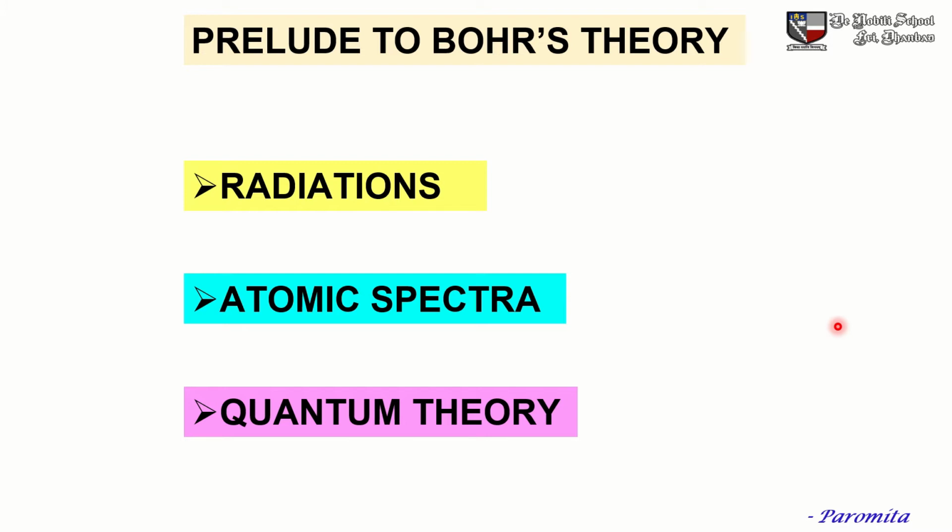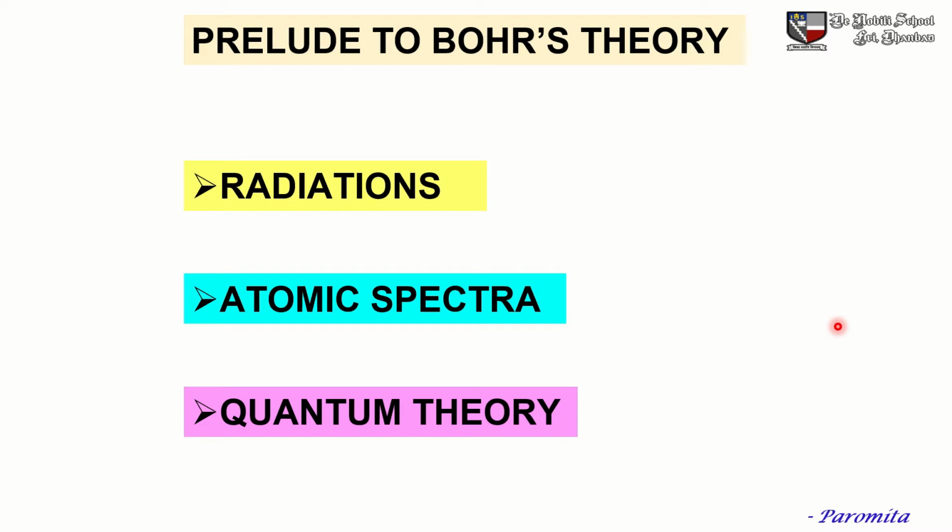To remove the drawbacks in Rutherford's model, combining some basic laws of classical physics and some principles of quantum theory, Niels Bohr proposed in 1913 his famous atomic model, which successfully explained different properties of atoms, such as stability of atoms, spectral characteristics of the atoms, etc. Because of this contribution, Bohr was awarded the Nobel Prize in 1922.